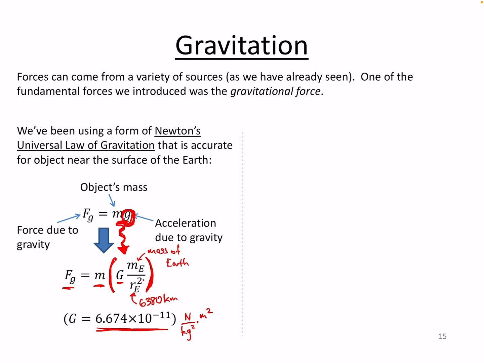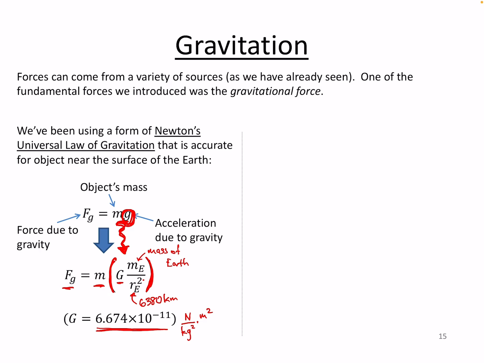Because one, we're not anywhere close to the surface of the sun, so we can't just define a different value of little g very easily. And in addition, we can't just plunk down 9.8 meters per second squared because that's specifically for the Earth and the force on objects near the Earth's surface, not the force of gravity of the sun acting on the Earth over these colossal distances between the sun and the Earth.